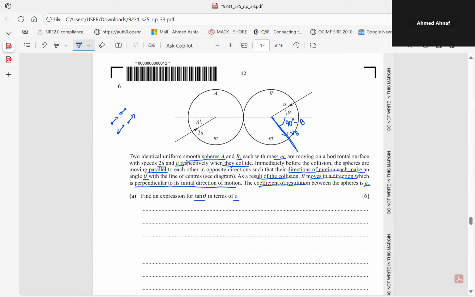But then we're told that B moved perpendicular, so in this direction. Wait, okay, let me try. It cannot make sense for A to move in this direction, so this is the only direction that A can move. So we're going to assume A also moves in this direction. We don't know the angle here, so I'm just going to let this be W.